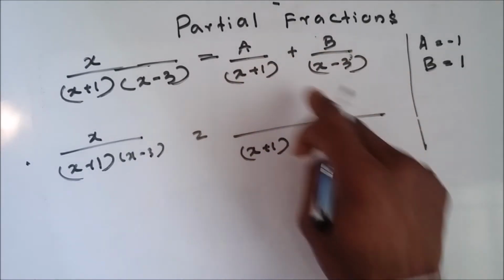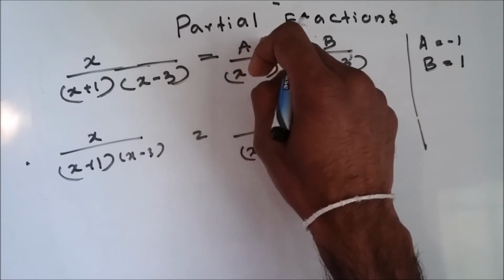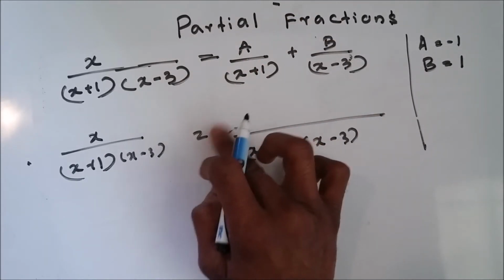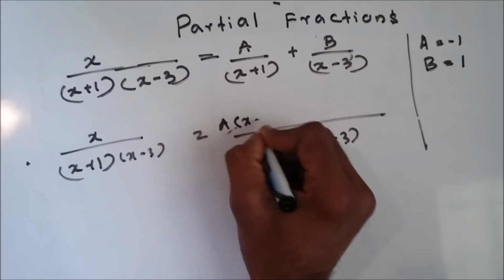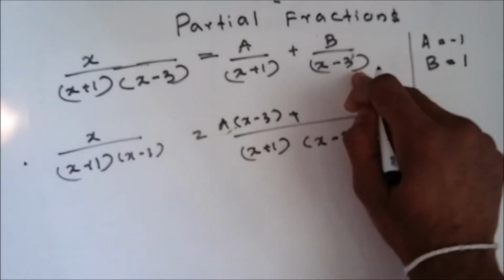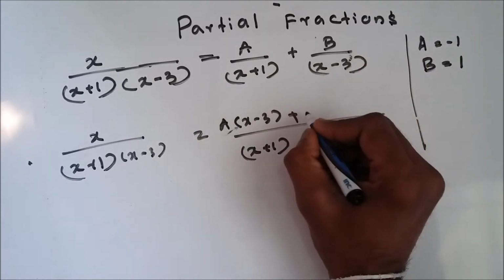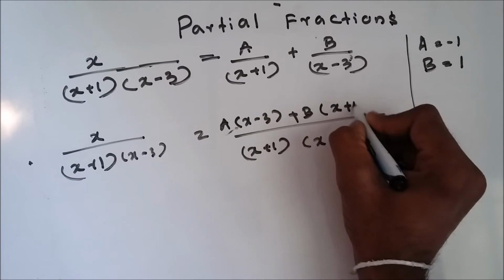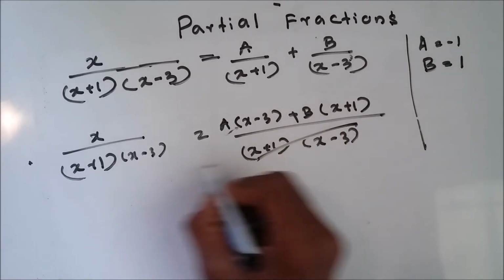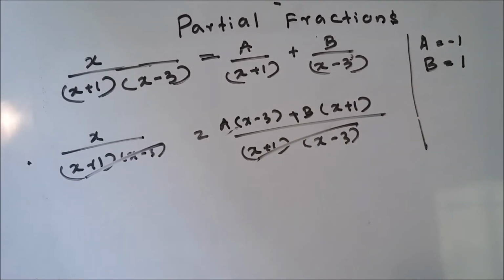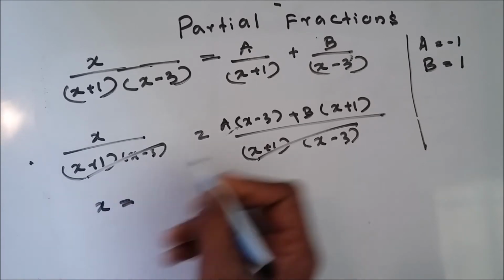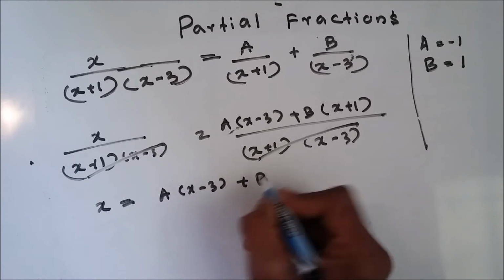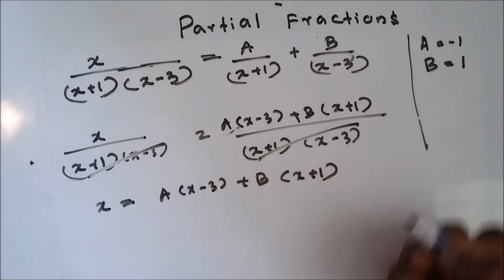Here (x minus 3) does not exist, so I am going to multiply A by (x minus 3). A(x minus 3). Here (x plus 1) does not exist, so we need to multiply B by (x plus 1). We can remove the denominators. Here remains x, here A(x minus 3) plus B(x plus 1).